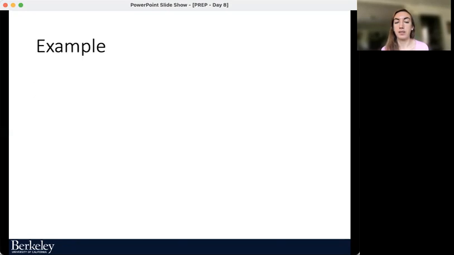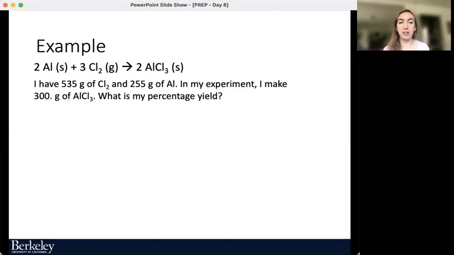Okay. So the last practice question for the day is going back to this same reaction we've been using before. I have 535 grams of chlorine and 255 grams of aluminum. I just want to make sure you notice that those are the same numbers that we had before. So there's a lot of math that you don't need to redo because you've already done it on a previous slide.